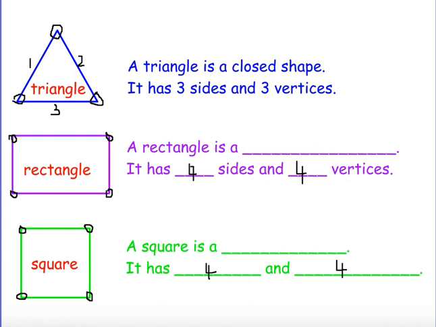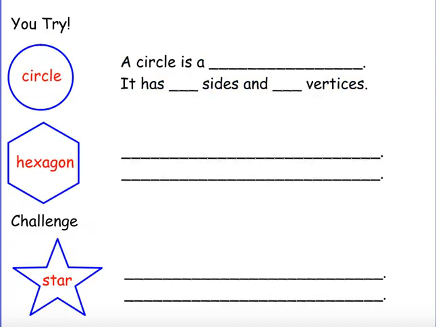Now you are going to try. Your task is to define the 2 objects here. We have circle and hexagon. How do you define them? So use 2 sentences to talk about the 2 shapes, right? The first one is already written for you. You need to fill in the blanks.